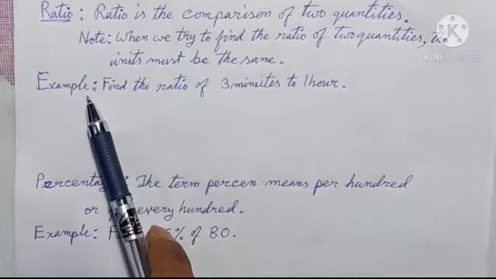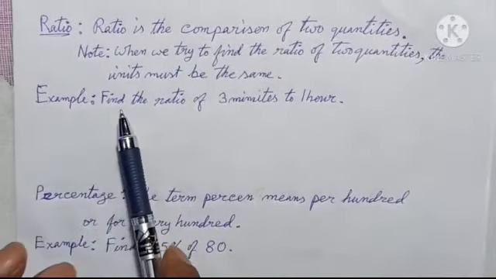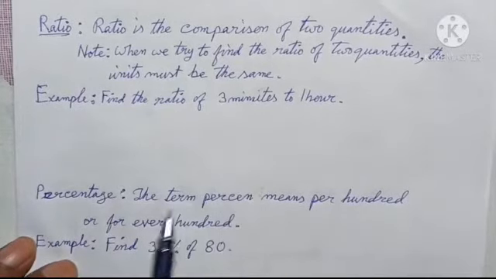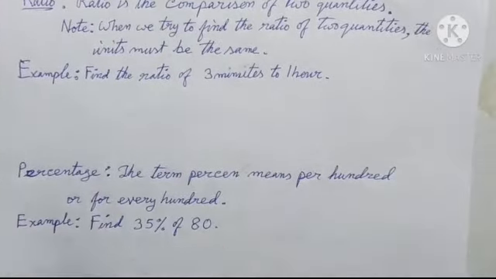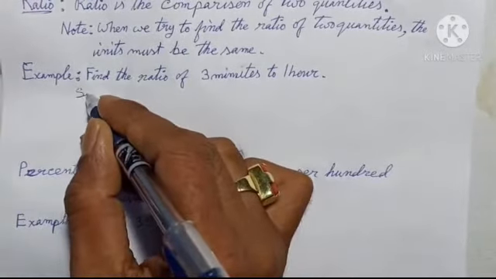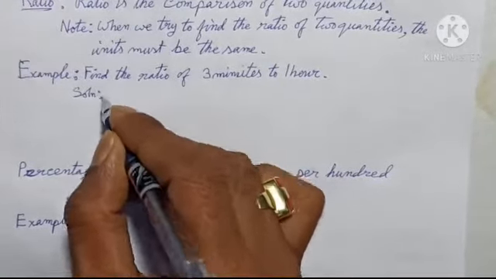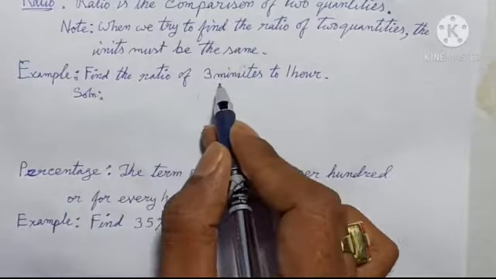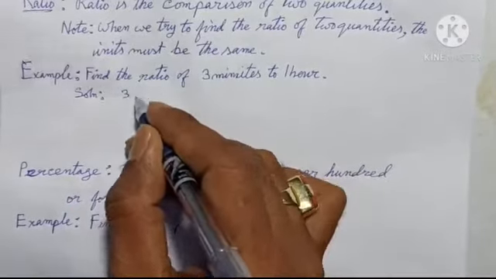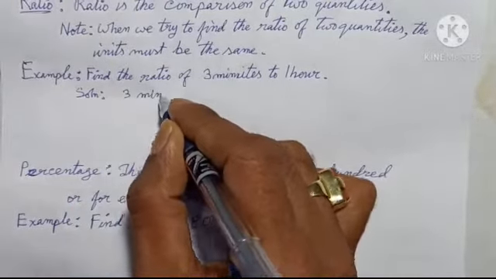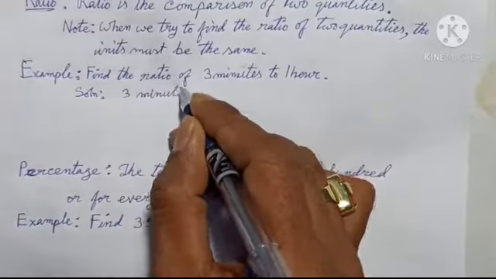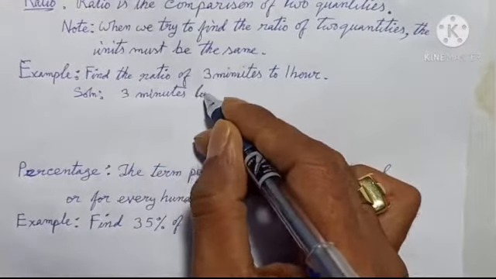Now let's try this question. Example: find the ratio of 3 minutes to 1 hour. Now solution. Here we have to find our ratio of 3 minutes to 1 hour.